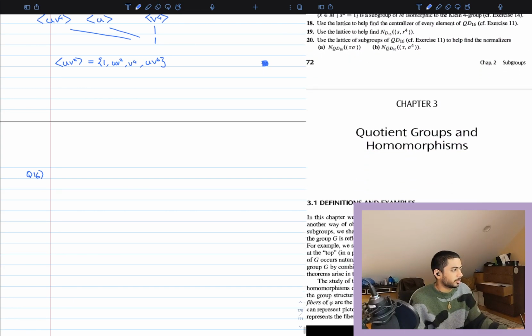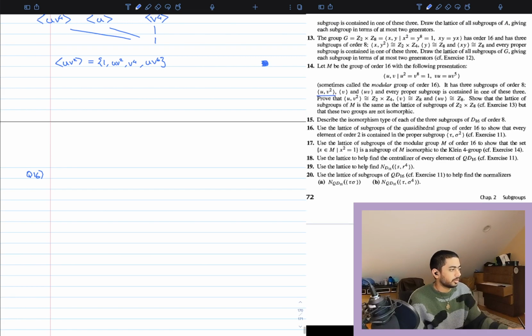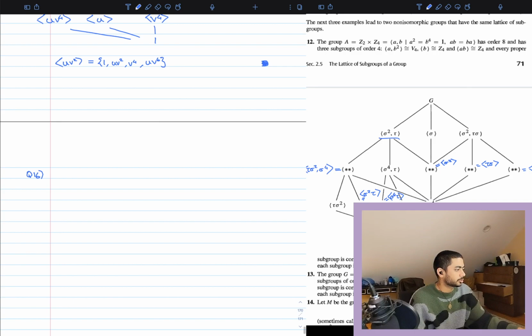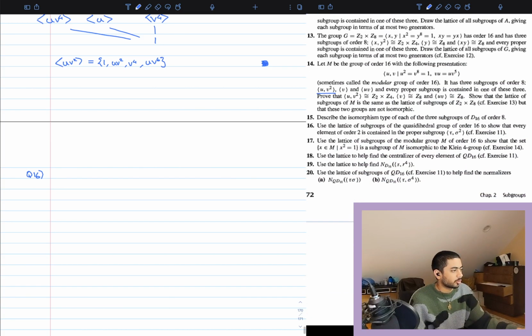And where did we want it to show they were all living in? They all live in ⟨τ, σ²⟩. Tau and sigma squared is up here. All of these things do in fact live in here. So question 16 is proof by picture. I'm not even going to write a picture. The lattice makes it evident.